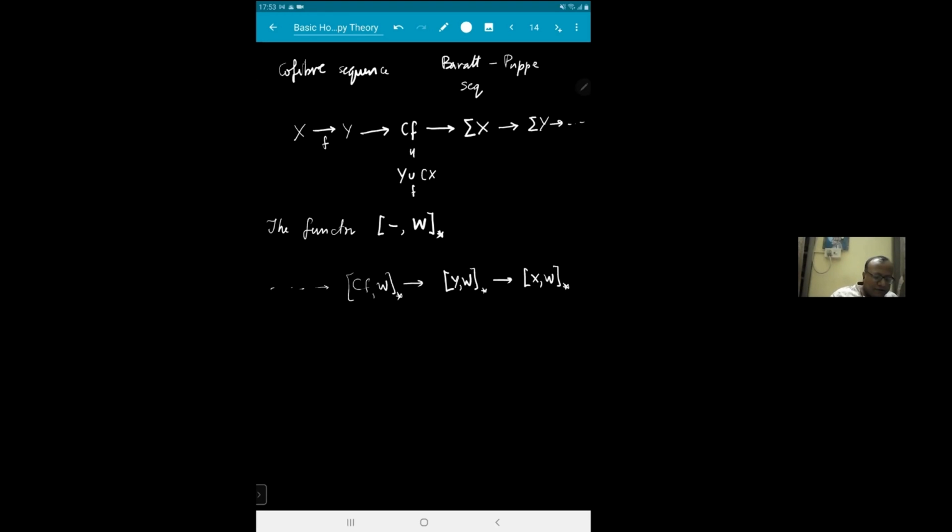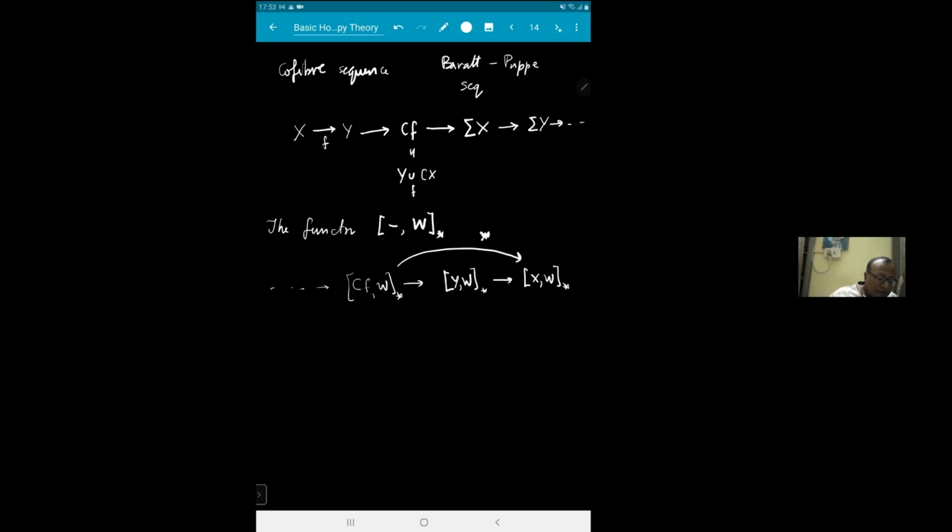Similar construction, right? Whenever you have homotopy classes, they are always pointed sets. So there is a null map, and if you take this composite here, this composite is just null.